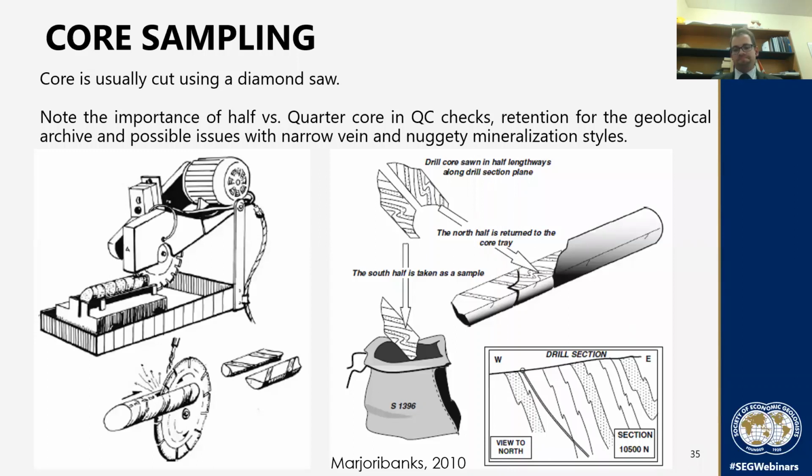So if this situation is reversed, with no grade in the sample bag but grade in the core tray, it will mean that your assays will return no grade of gold, for example.